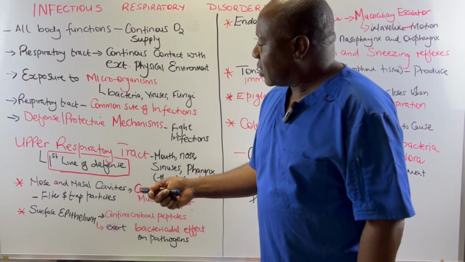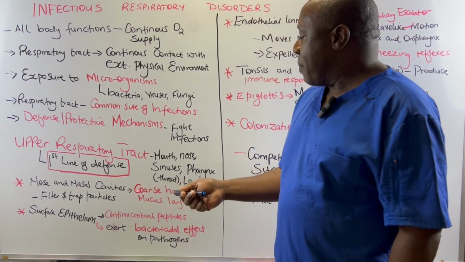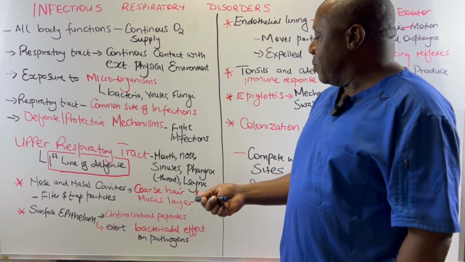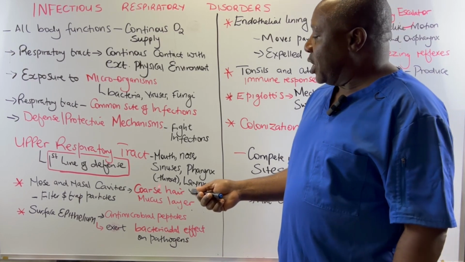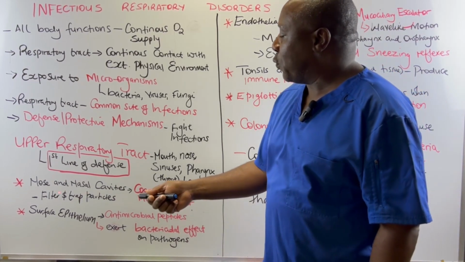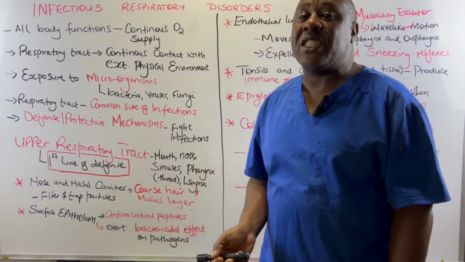Now, the nose and the nasal cavities are made up of coarse hair and a mucus layer. Their main function is to filter and trap particles.